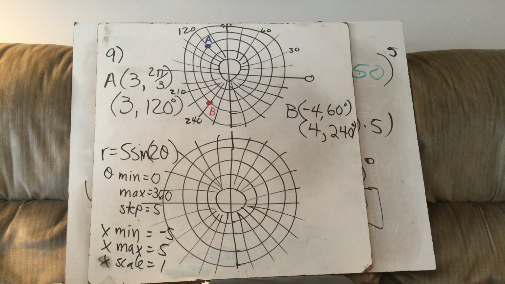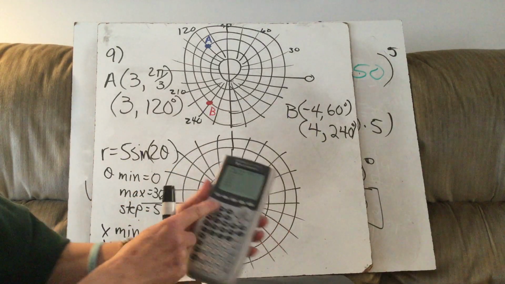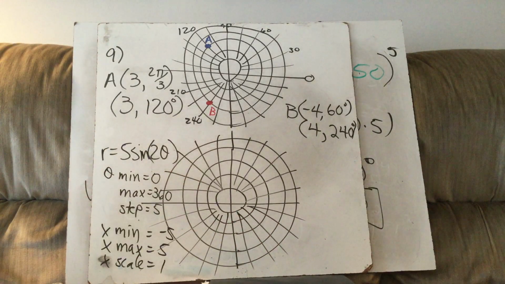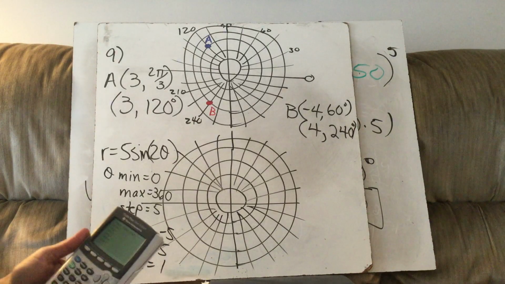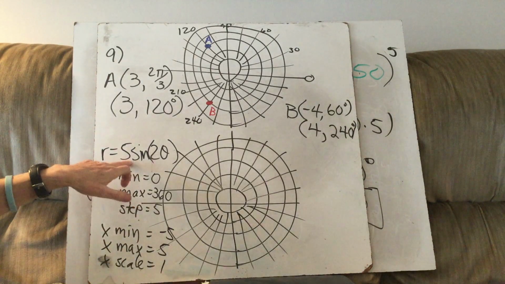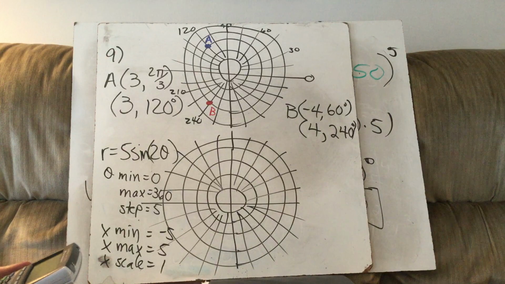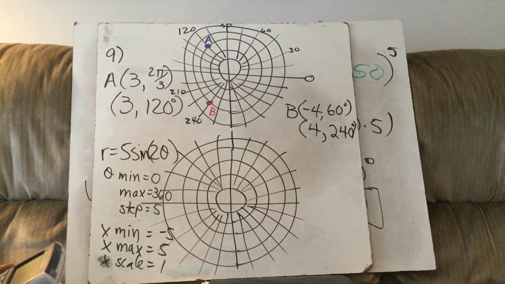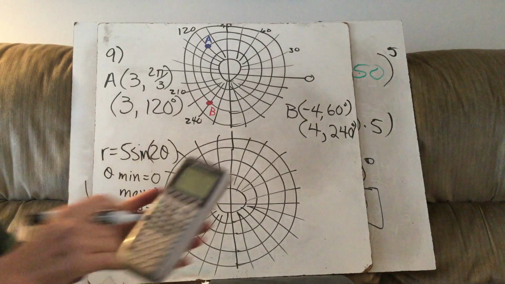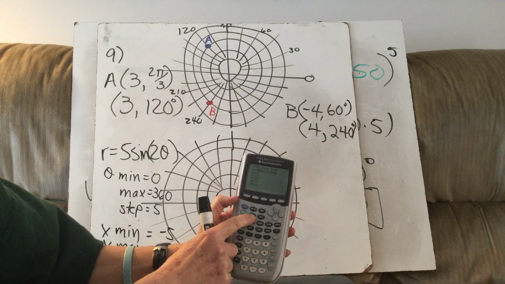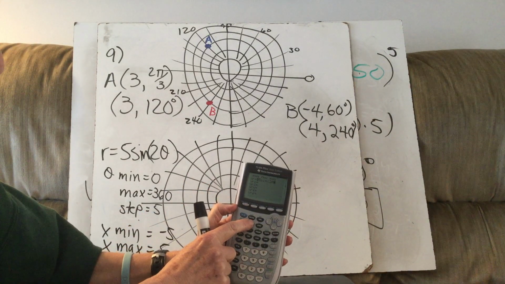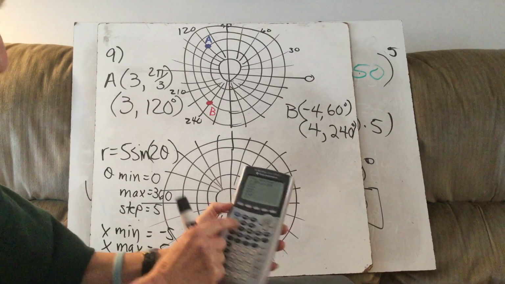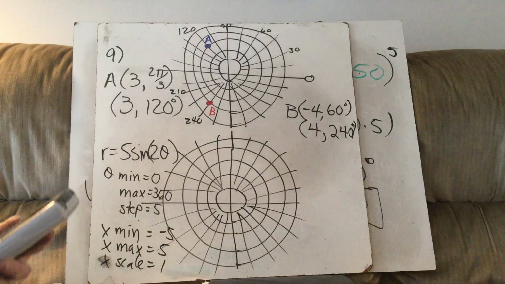Now, as soon as you have all that set up, go to Y equals right here. Clear out any equation that might already be in there, and put in 5 sine 2 theta. And remember, theta is your variable button right under your mode button, right next to your alpha button, and hit graph.